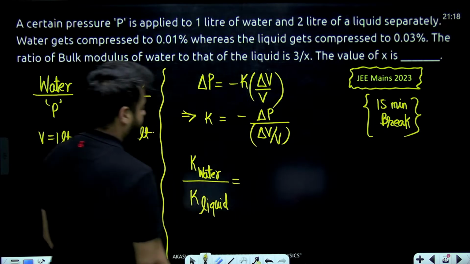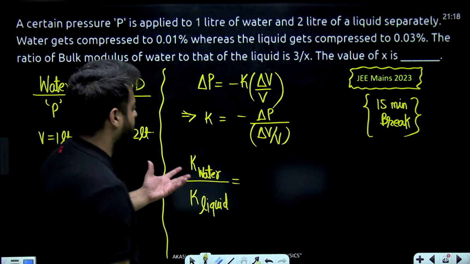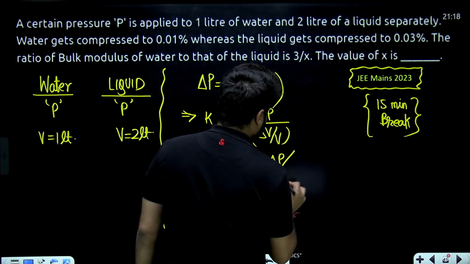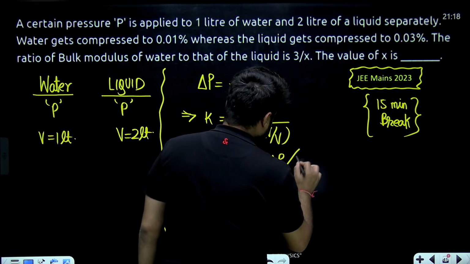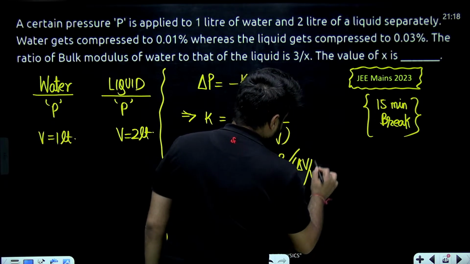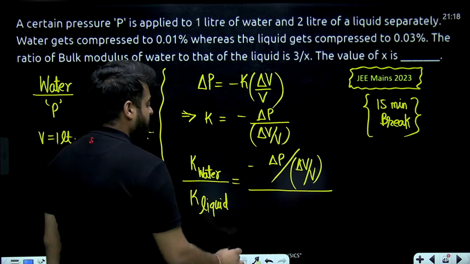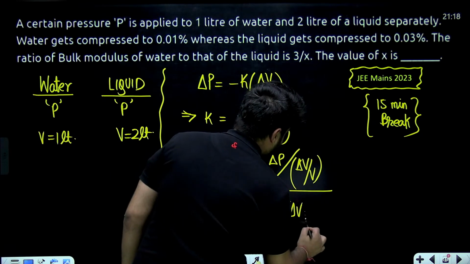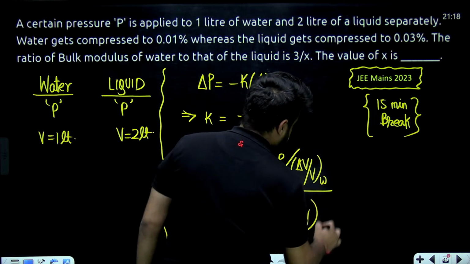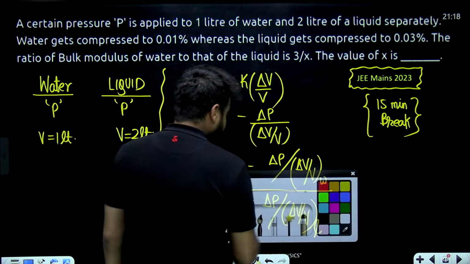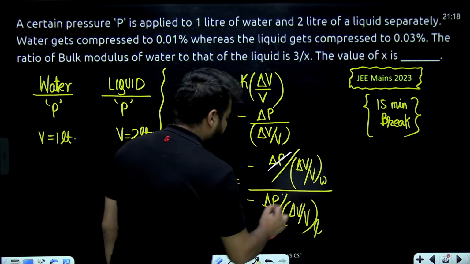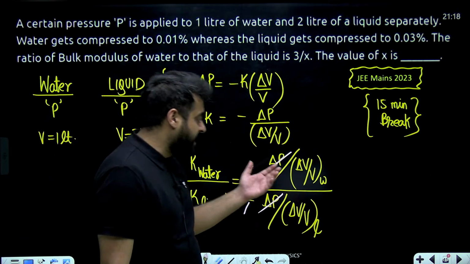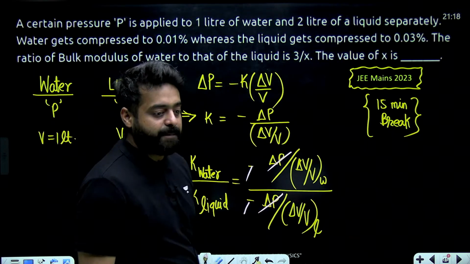Sir, for water I put minus delta P divided by delta V by V for the water, and minus delta P divided by delta V by V for the liquid. As you know, in both conditions the pressure applied is the same, so the minus will be gone. So it is basically the inverse of these volume changes.